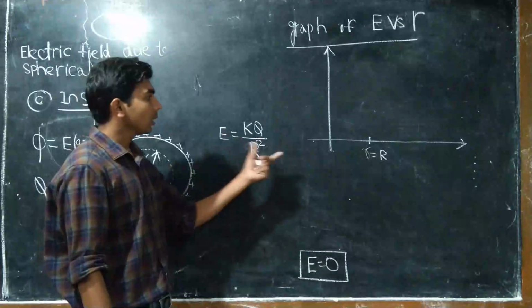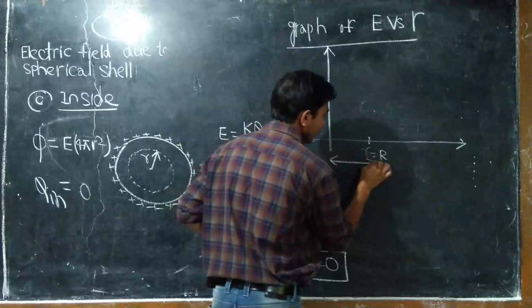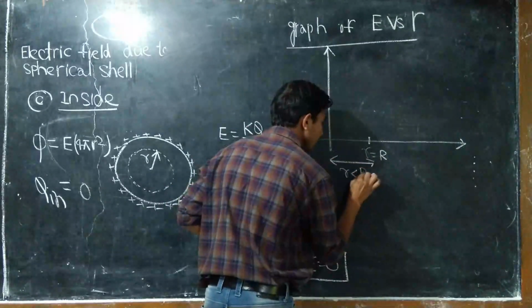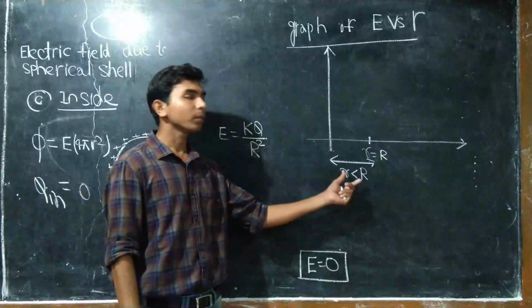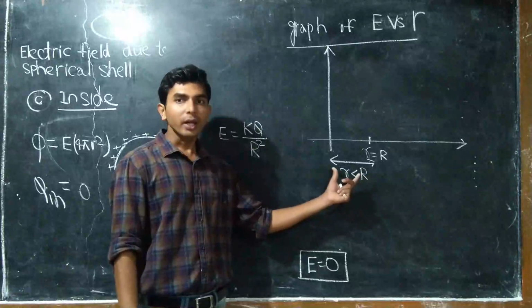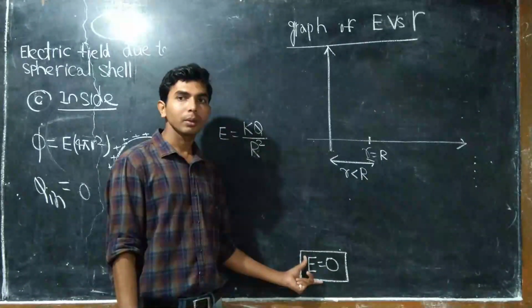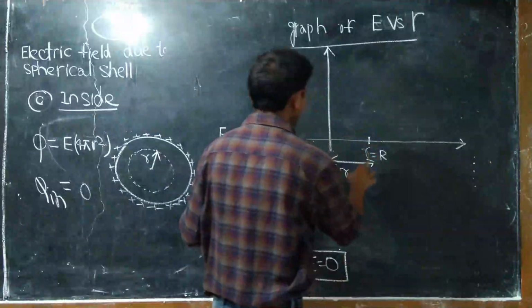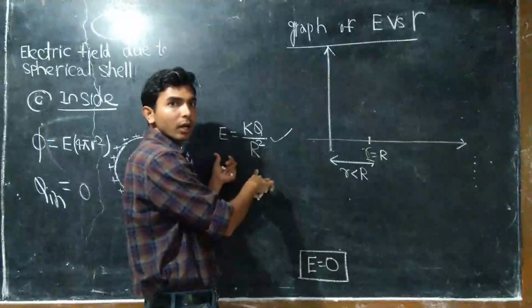Here electric field is KQ by R square. In this region, small r is smaller than capital R, which means the point is inside the surface, so electric field is 0. But suddenly at r equals R, electric field becomes KQ by R square.